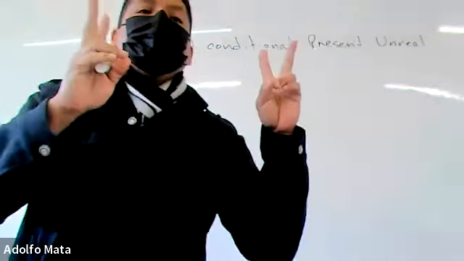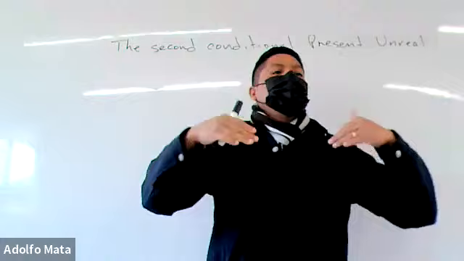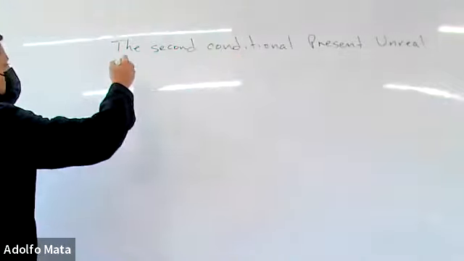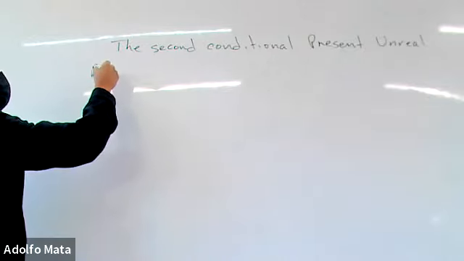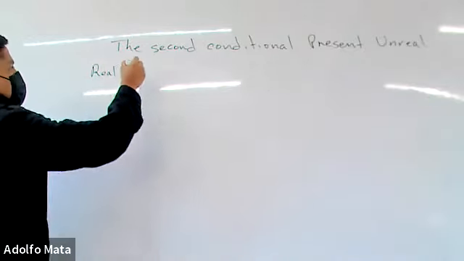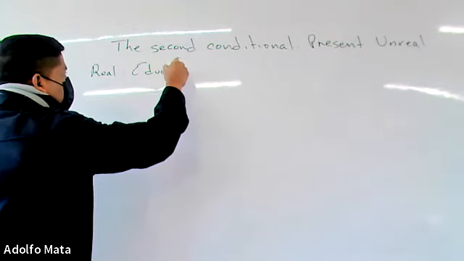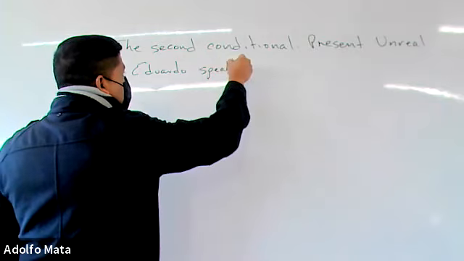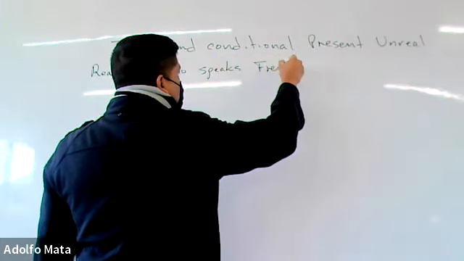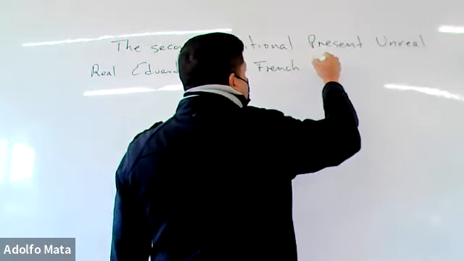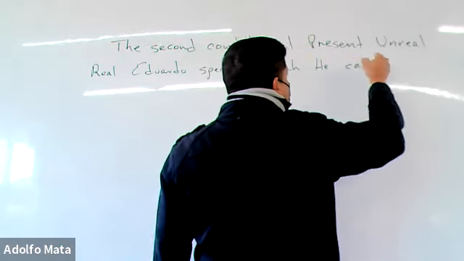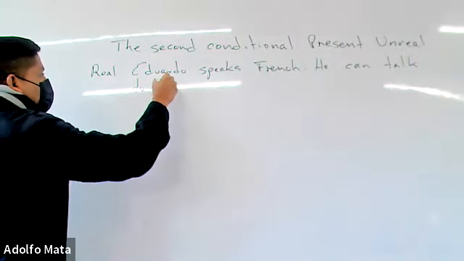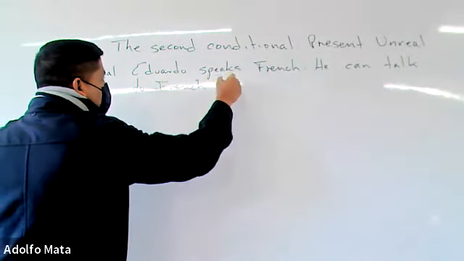For example, I'm going to give you a real sentence, and it's not really real because I'm making it up. Let's suppose that we say, real sentence: Eduardo speaks French, he can talk to French people.